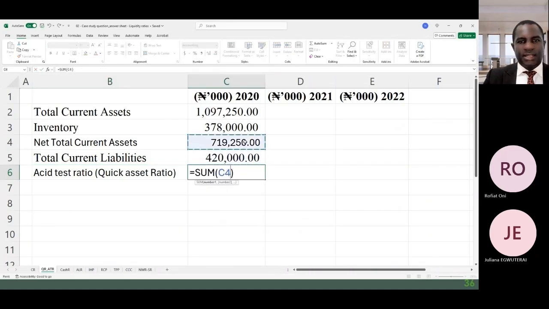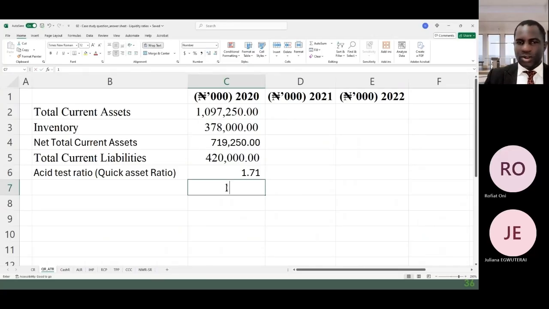So I have it as the net divided by 420. Wow, intriguing. Company is still doing well, even almost 2 times if you approximate it. So it's 1.71 is to 1.00. Fantastic.